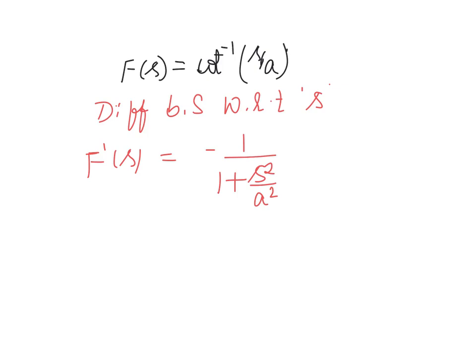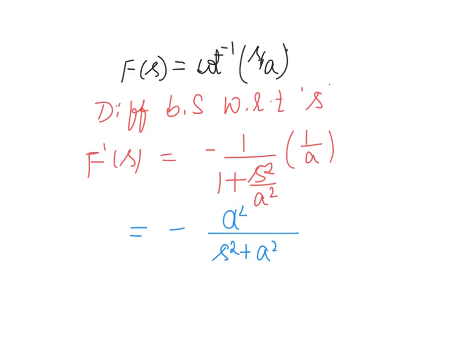So the derivative of s by a is 1 by a. Now we simplify this before applying inverse Laplace transform. What simplification can we do here? We take s square plus a square divided by a square, and that goes to the numerator.